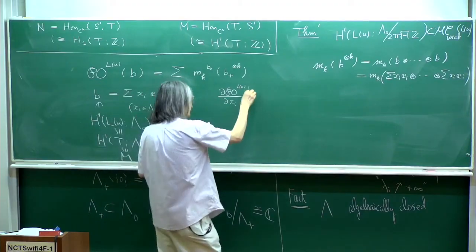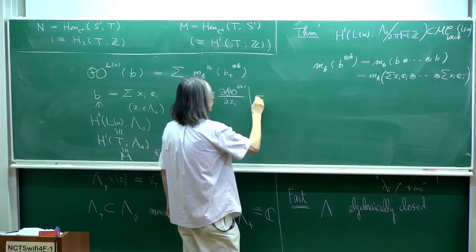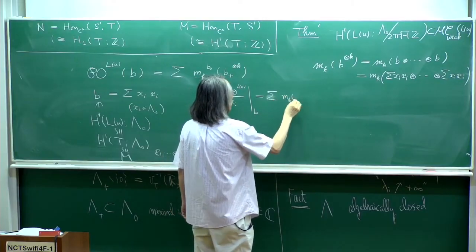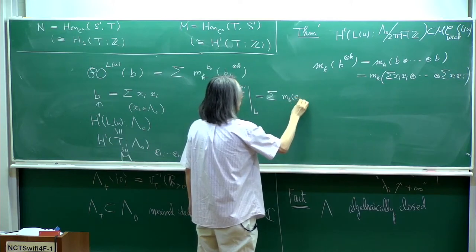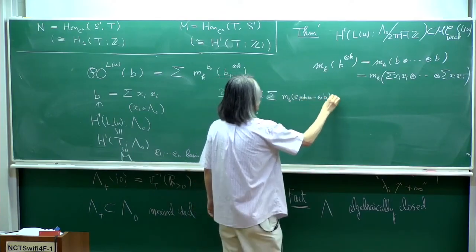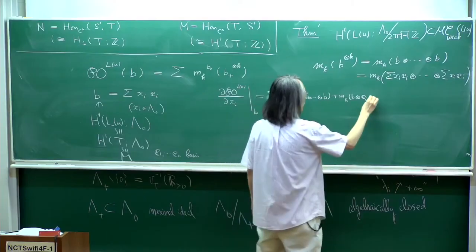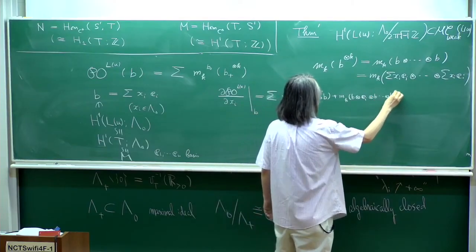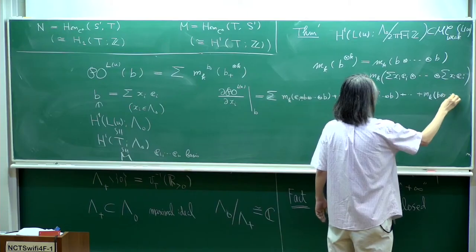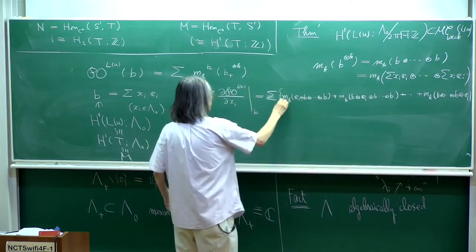And so after that I take the value at the point B, and then this is actually the sum of m_k of e_i, B, right? And then sum them up.